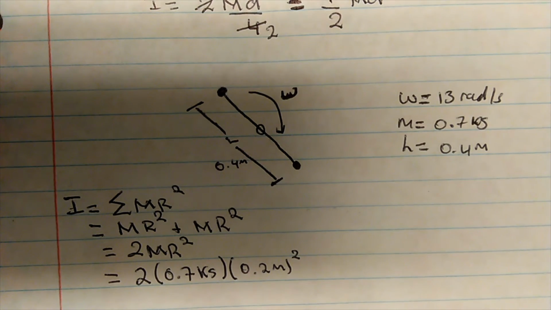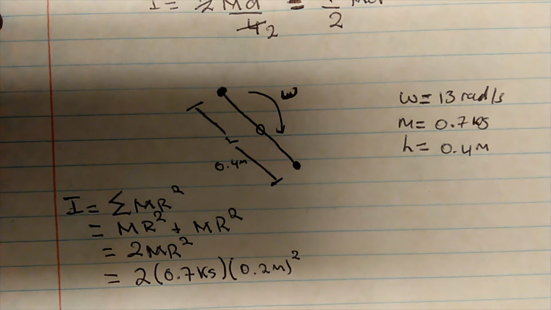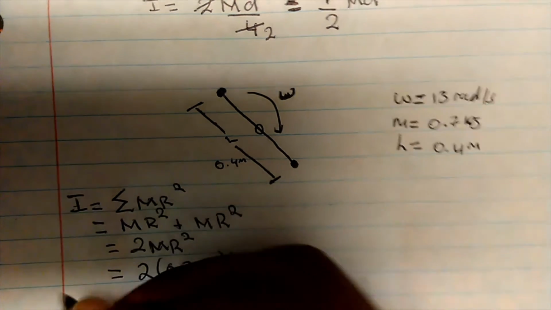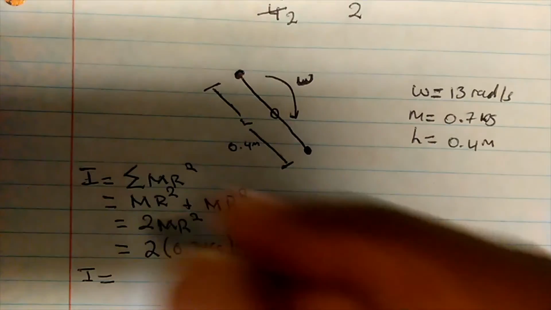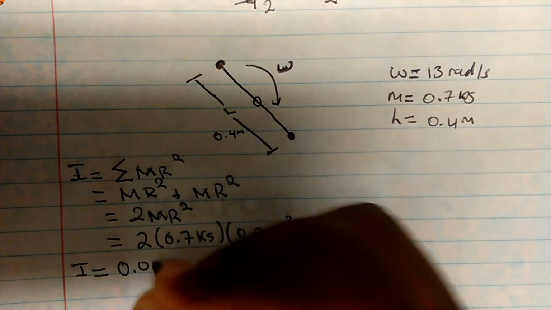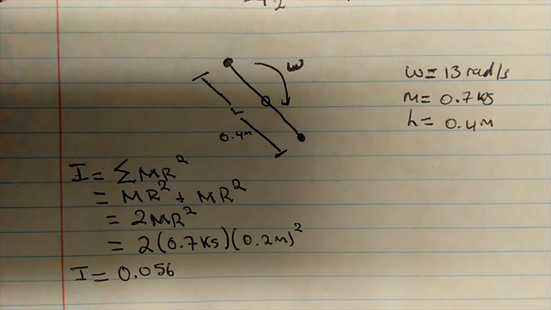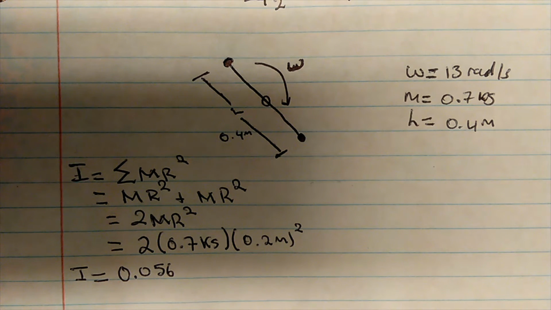So if I plug this all into my calculator, I get 2 times 0.7 times 0.2 squared, and my moment of inertia shall be equal to 0.056.